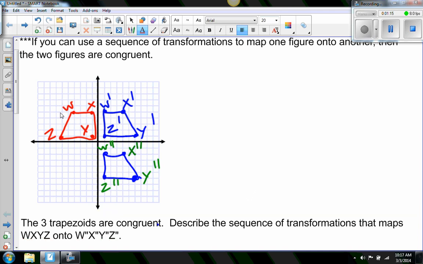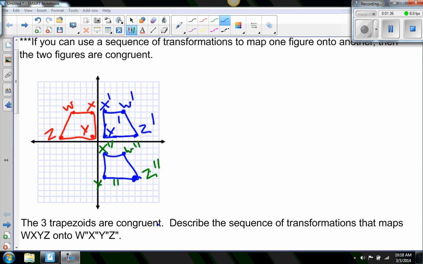They're basically saying, how are they getting from this one to this one? And you have to describe how they're doing it. Well, they can't just go from here to here, because you can tell that this side matches up with this. I labeled those wrong. That should be an X and a W.